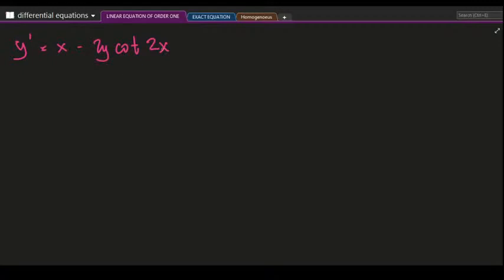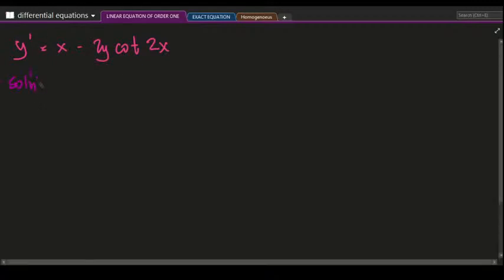So you have the idea on how to attack this problem. Step one is to get this in the standard form. We have dy/dx equals x minus 2y cotangent 2x.